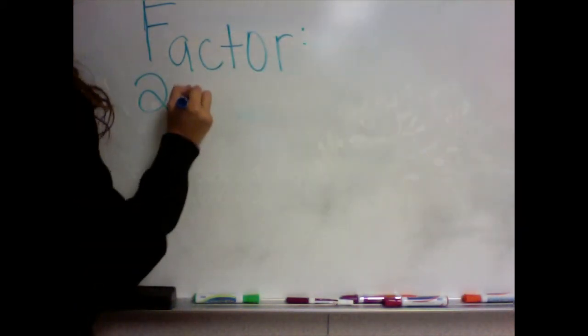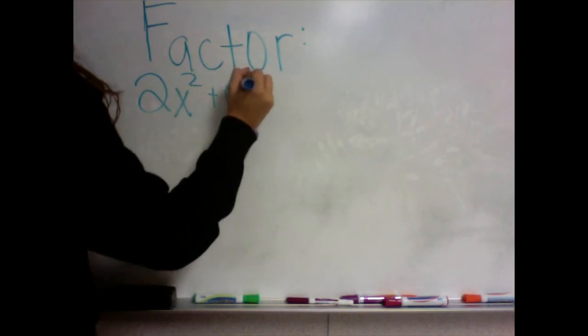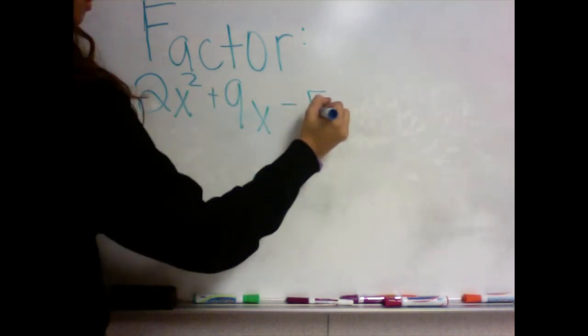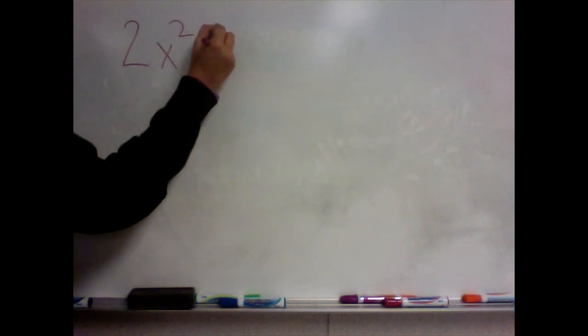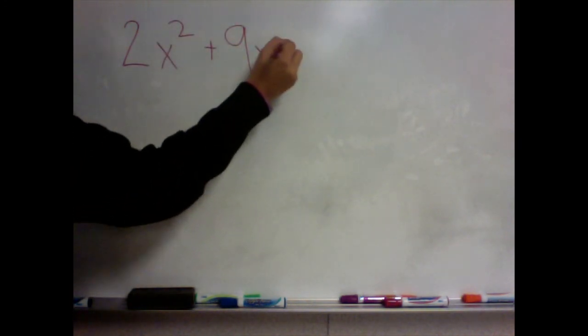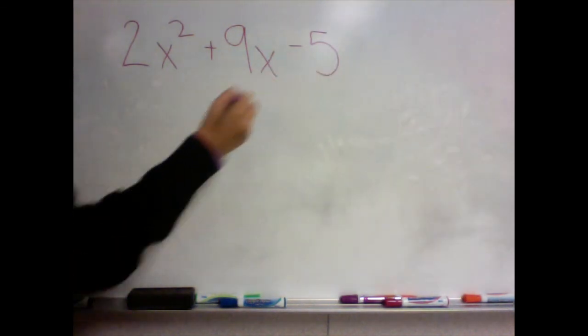We are going to factor 2x squared plus 9x minus 5, which was our example.